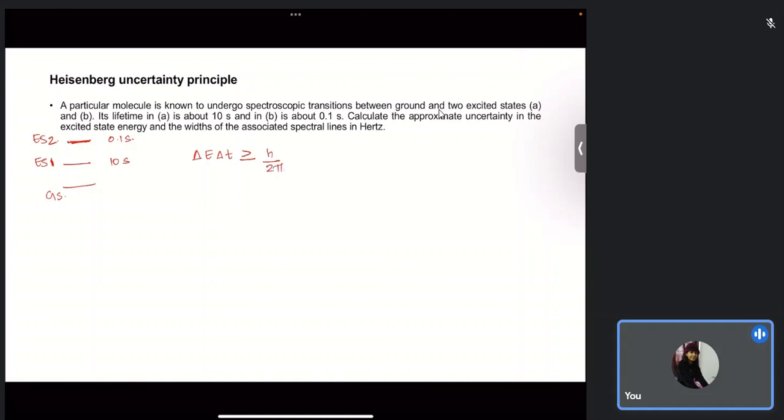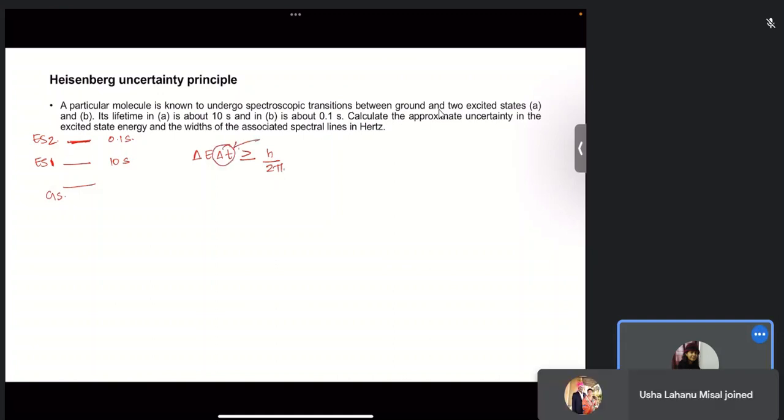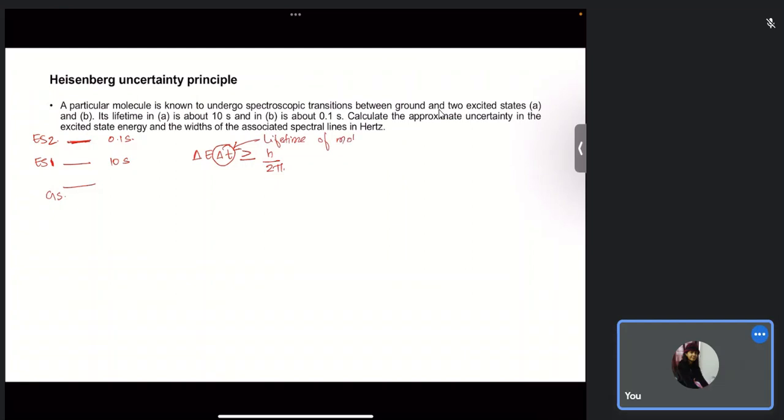From this, delta T is the one which corresponds to the lifetime of a particular state, some molecular state. It can be the excited state or the ground state.